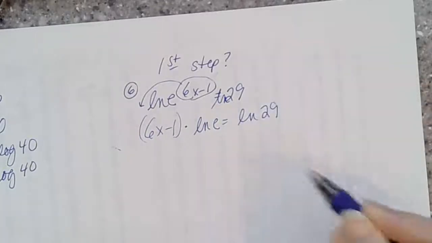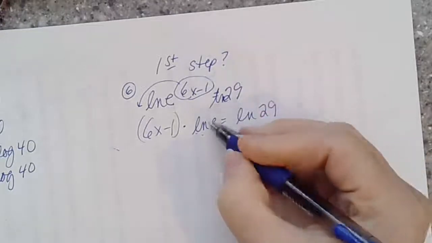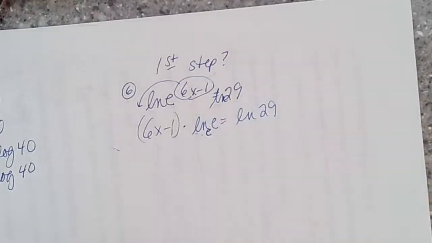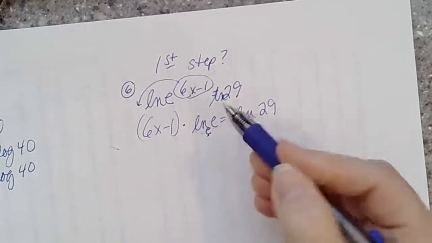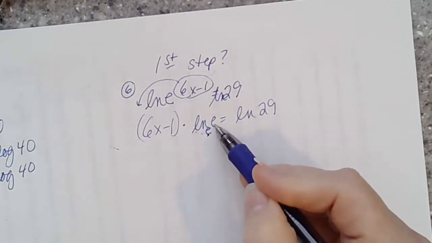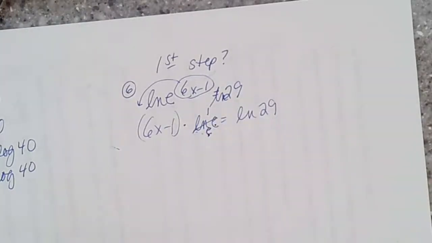So ln e, you'll find this on your calculator, means base e. Anytime you hit the ln button, it means you're doing a base e log. Just like log means a base 10 log, ln means a base e log. So it's saying e to what power is e. So once again, that comes out to be 1. ln of e is 1.